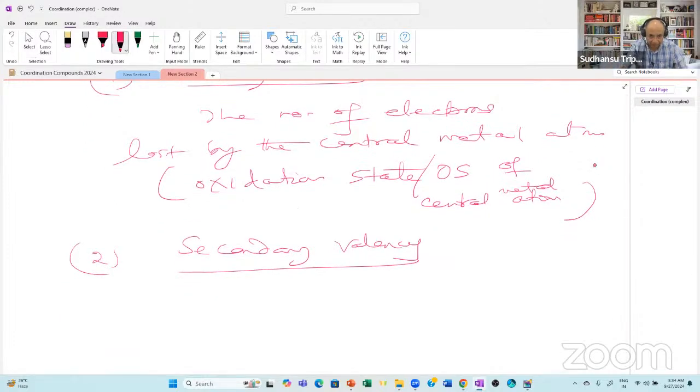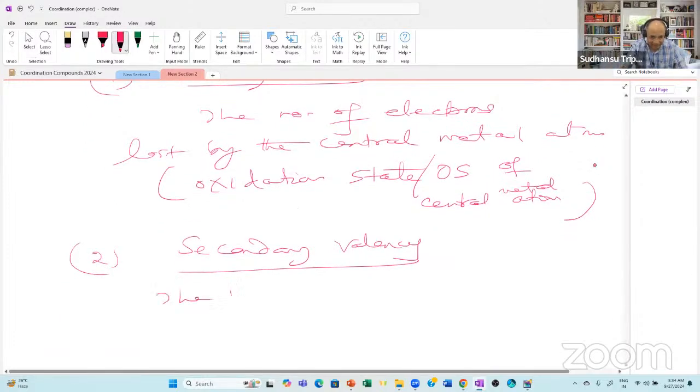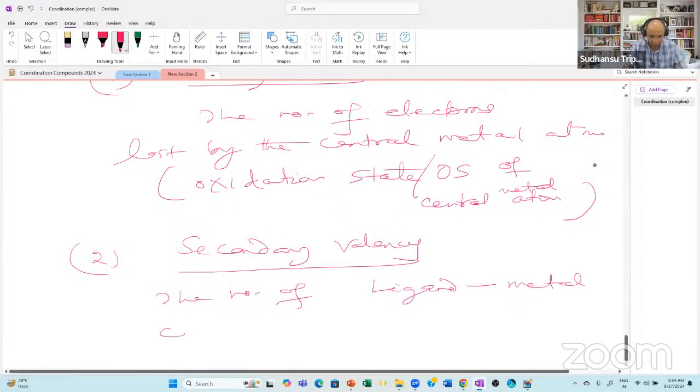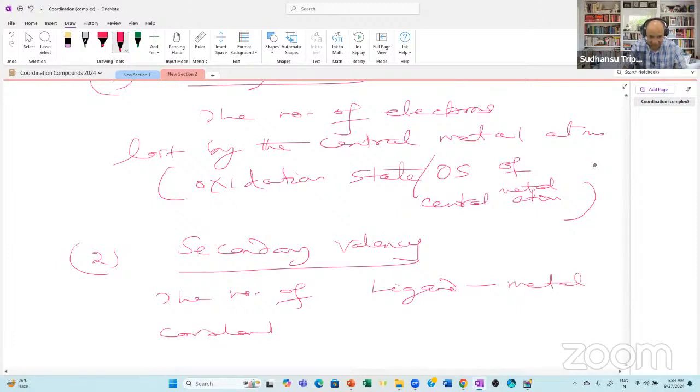The number of covalent linkages, the number of ligand-metal covalent connections or linkages.